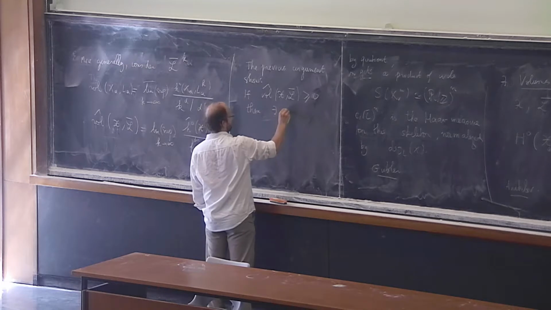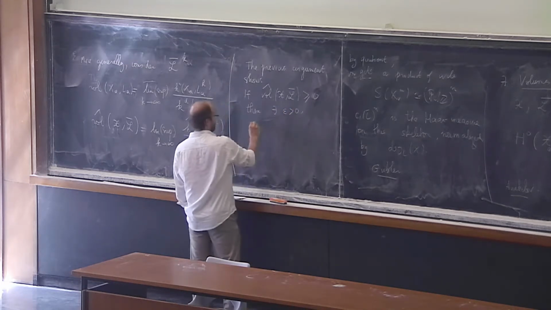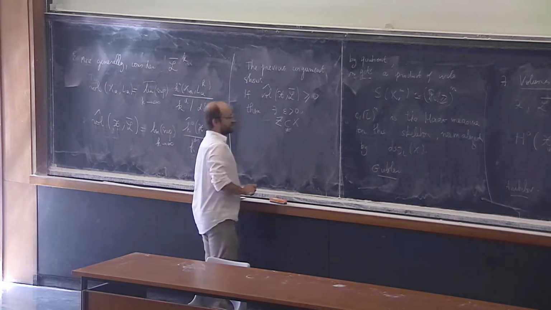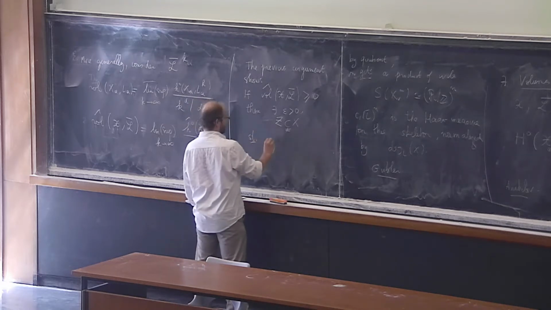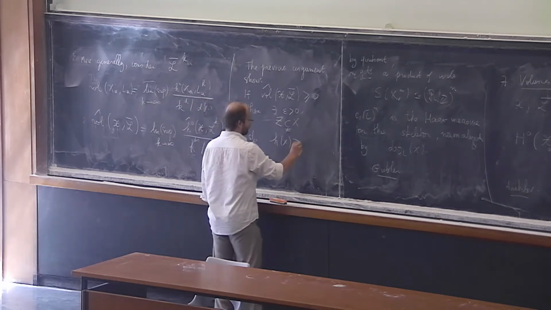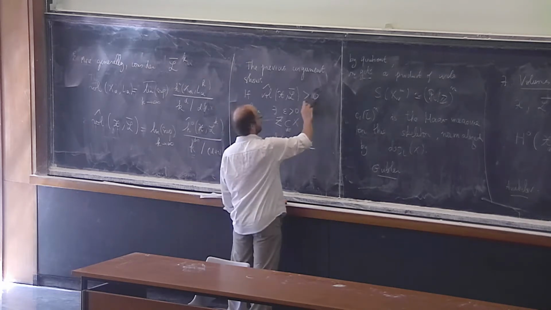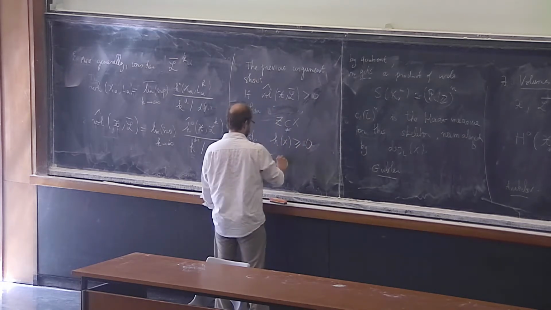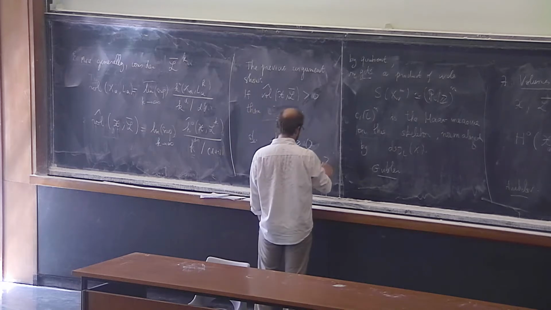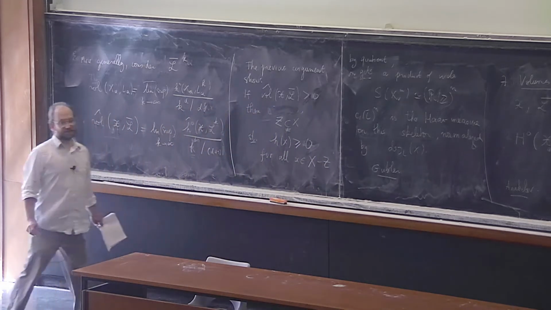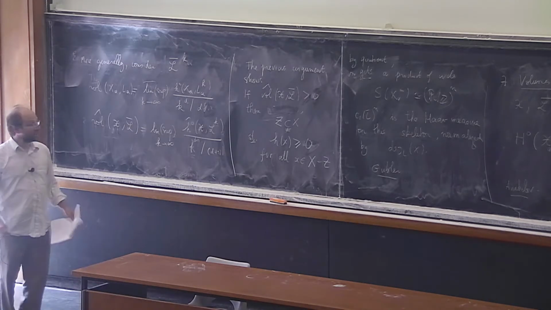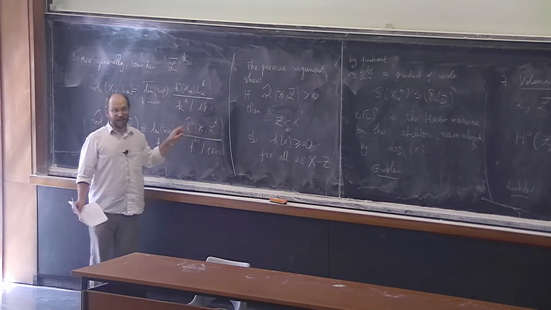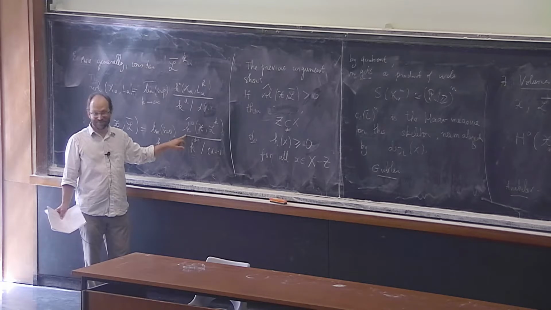there exists some positive real number epsilon and a closed subset Z in X, such that the height of x is greater than minus epsilon for all x in capital X minus Z. Because if this arithmetic volume is strictly positive, this number must eventually be non-zero.